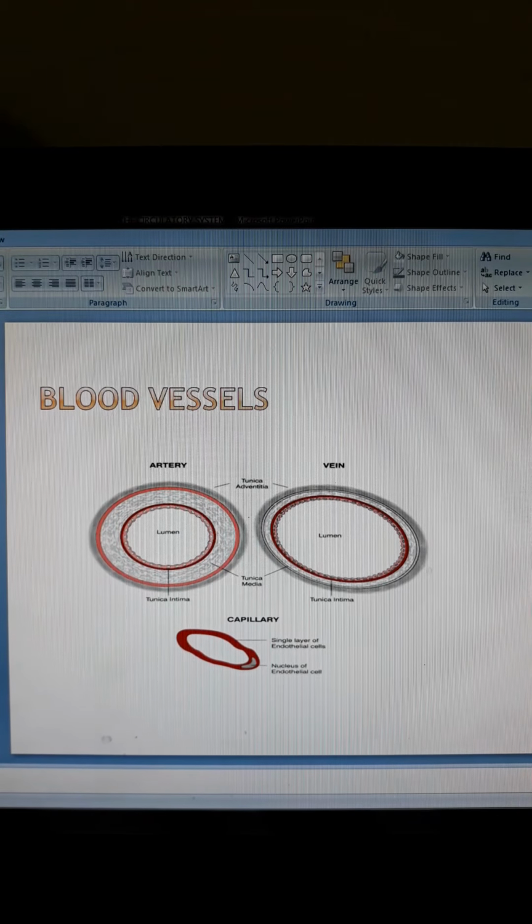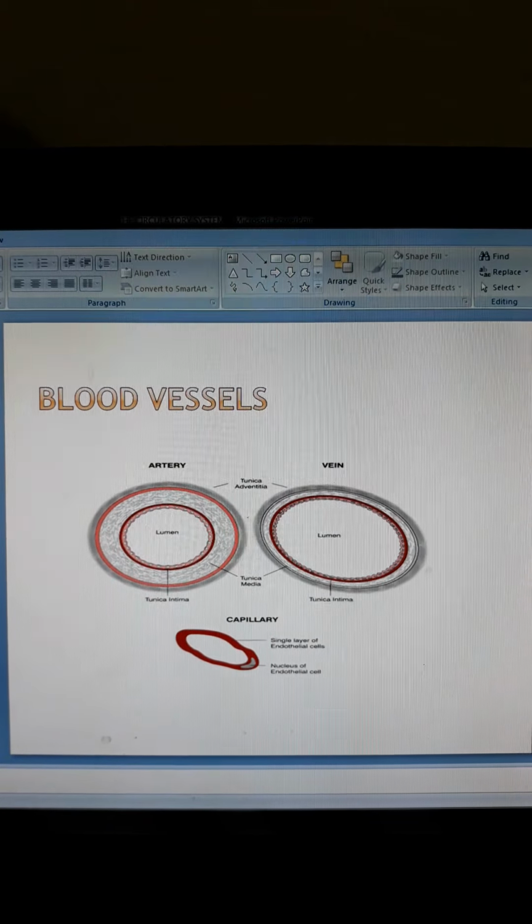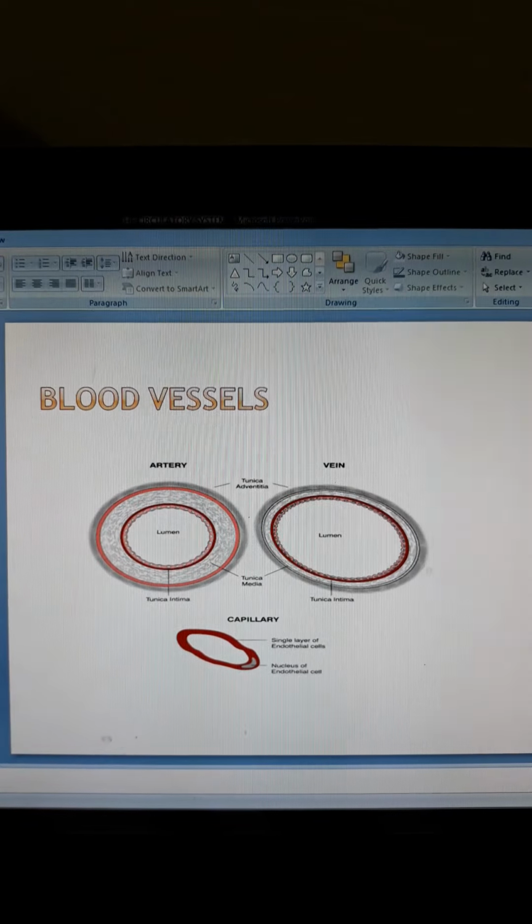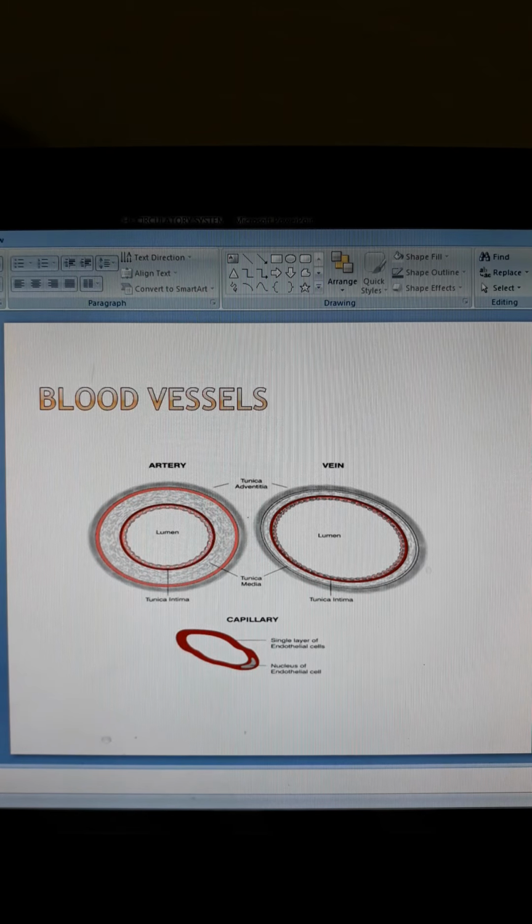Now we come to see the structure of veins. These are the blood vessels which are collective in function. We have seen that the arteries are distributary in function and the veins are collecting in function.